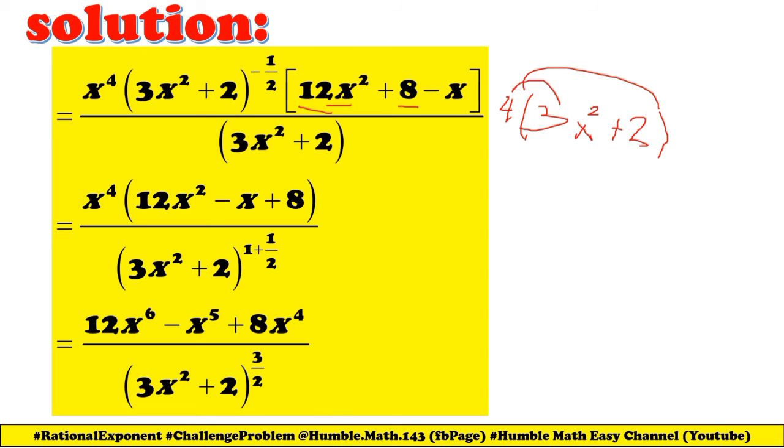So as I said previously, the exponent of the denominator is now 1, obviously. So here it goes, the given step would be x to the 4 times the quantity of 3x squared plus 2 raised to the quantity of negative 1 half times 12x squared plus 8 minus x all over the quantity 3x squared plus 2 raised to 1.